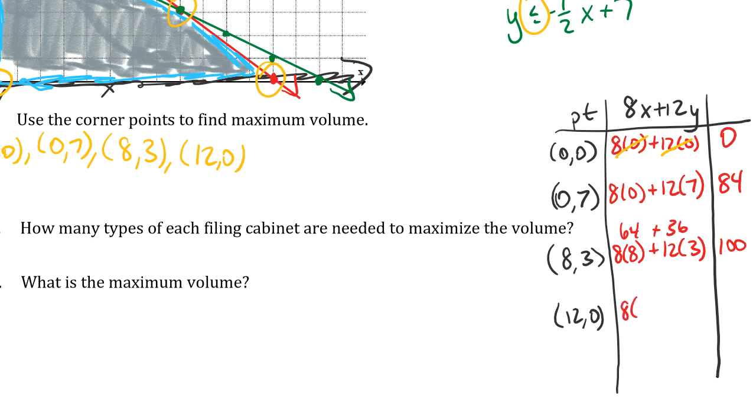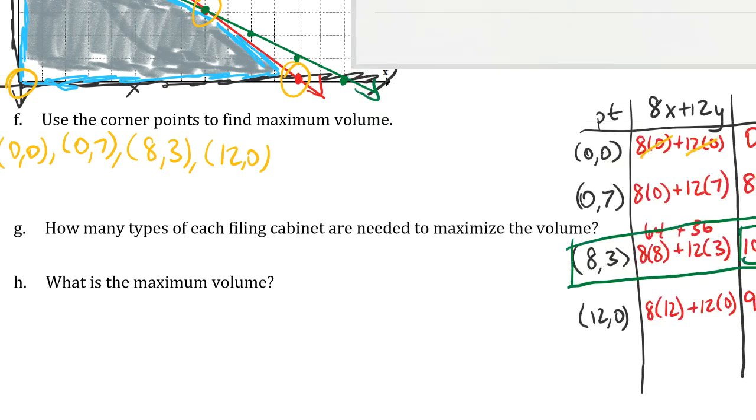And lastly, 8 times 12 plus 12 times 0. Add that up and we're going to get 96. So what is our maximum? It's just going to be the one that gives the highest number. So this whole row is what we're looking at.